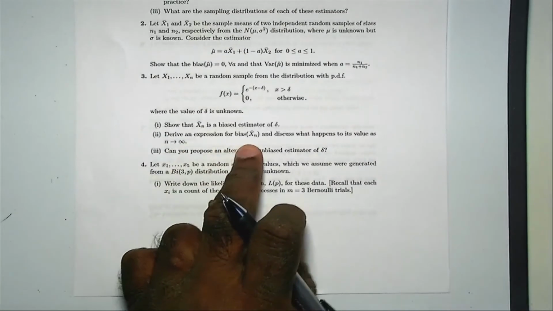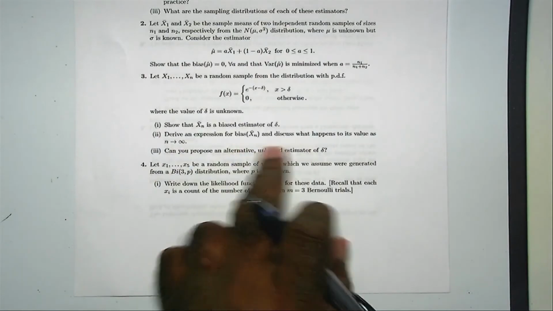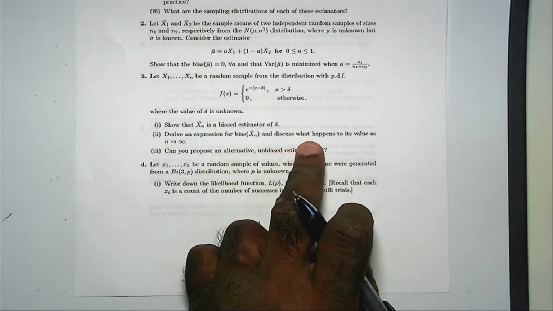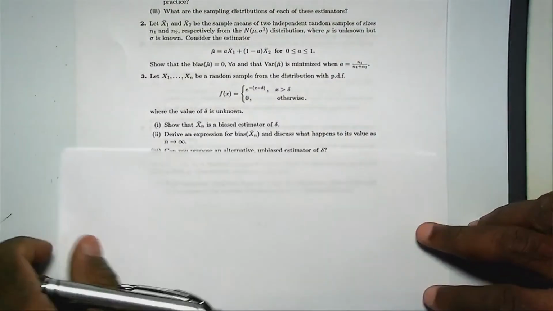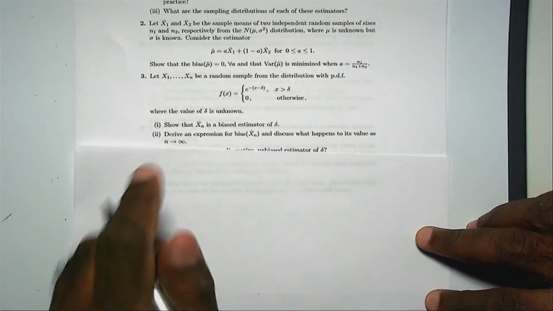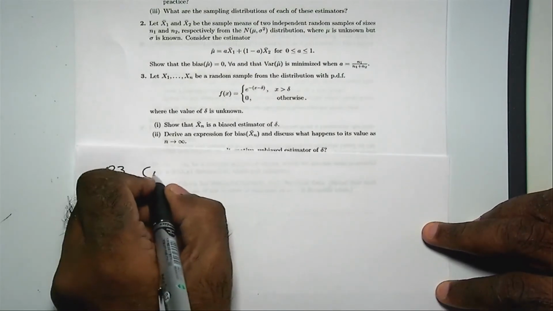Derive an expression for bias, right? Which we have already done, and discuss what happens to its value as n goes to infinity. So we have already derived an expression for bias. Question 3, part 2.